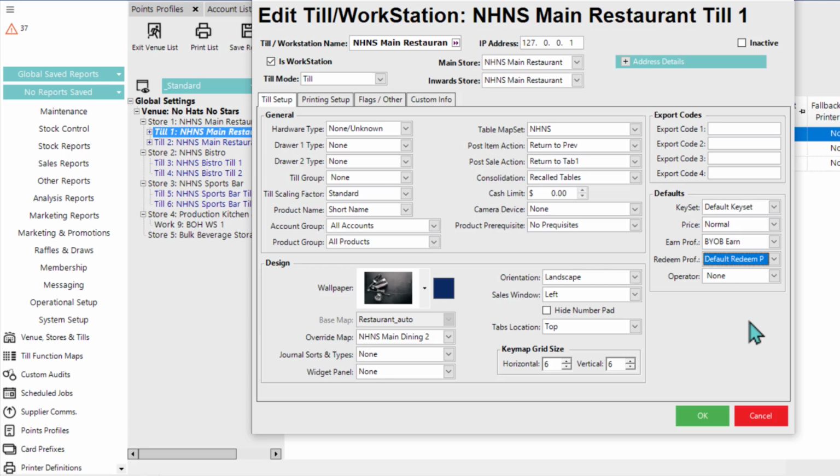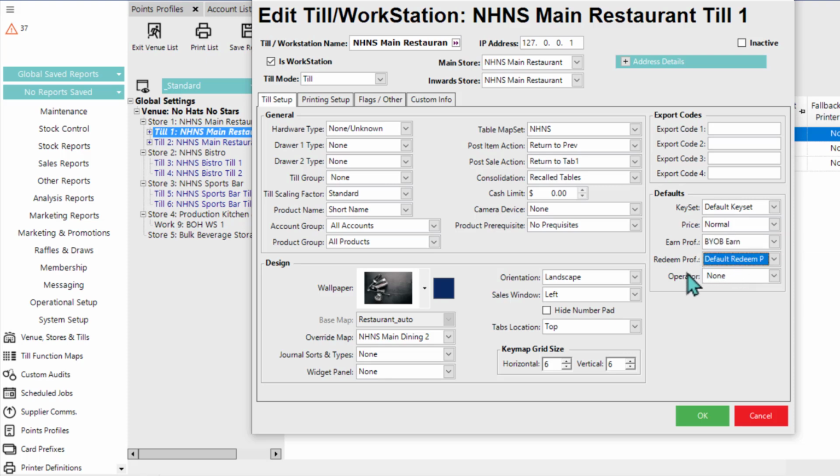I should point out that whatever's set for an account store redeem profile, which we just set over at the account group level, if there is one set there, will override any till level redeem profile that's being set here. But if the account does not have one set for the store, of course the store that the till is in, the redeem profile that is set here is what is going to be used.